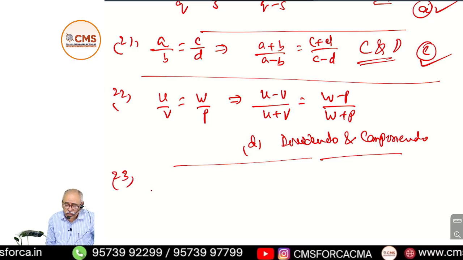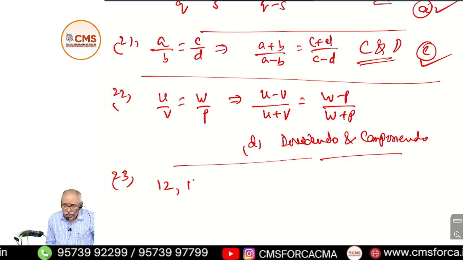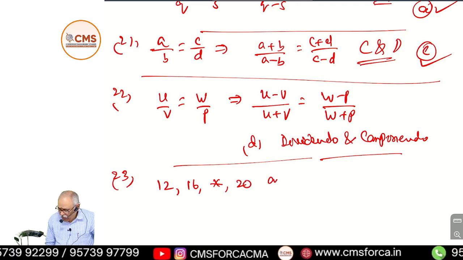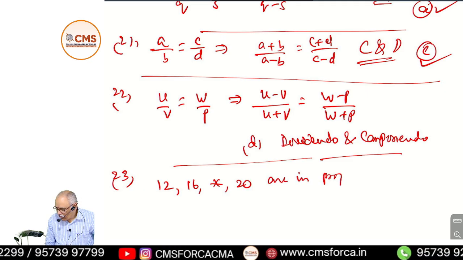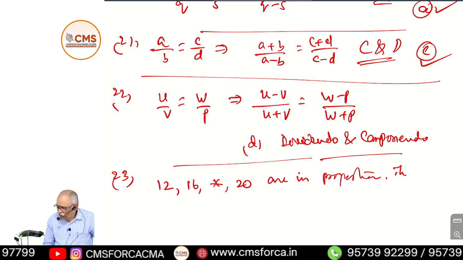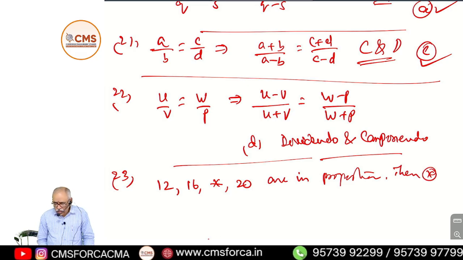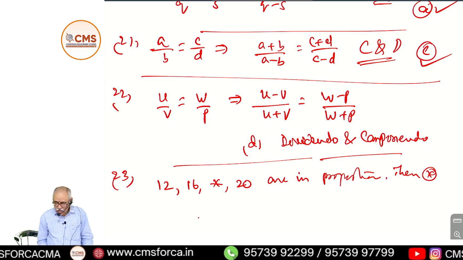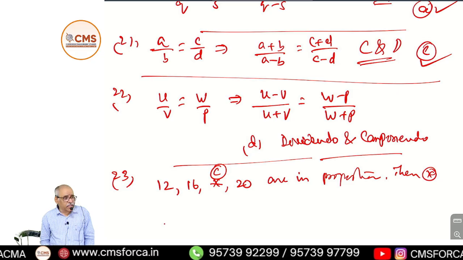23. 12, 16, star, 20 are in proportion. Then star is equal to what? Generally we consider a, b, c, d in our examples, so in the star place you write c.